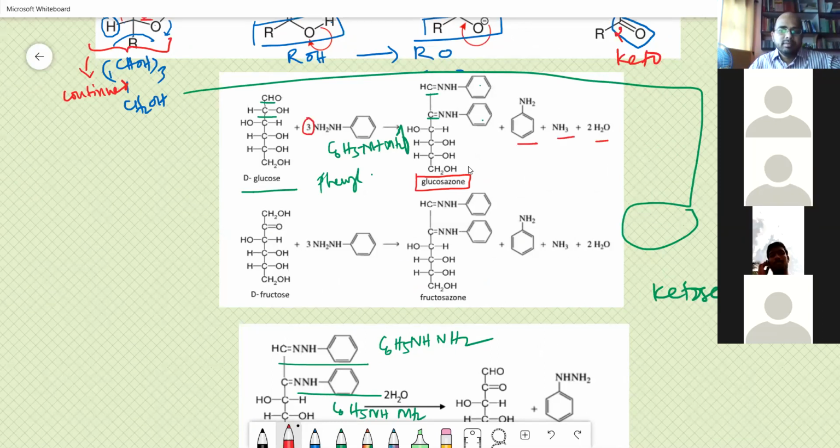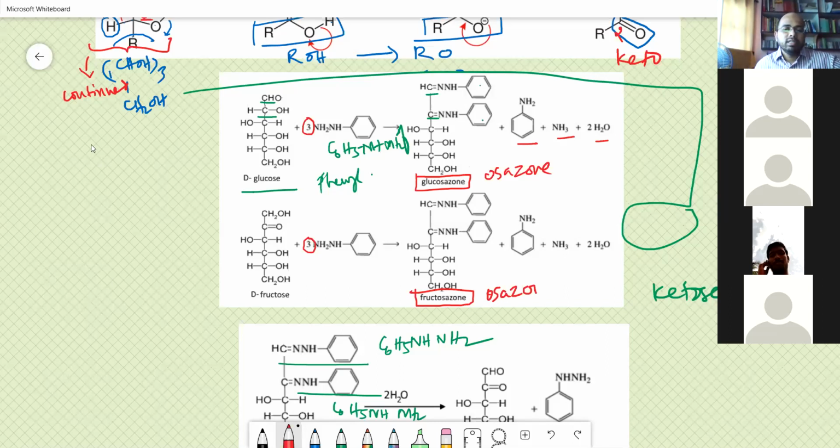Then this is the same reaction with fructose as well. You use 3 molecules of this, and you get a glucosazone and fructosazone. Both have the general name osazone. The formation of osazone is a confirmation that there is a C double bond O group there. So we have CH next to that.